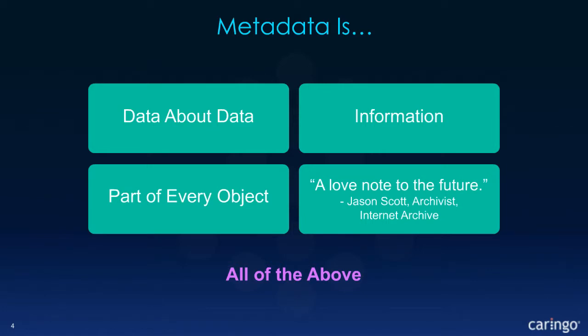That approach, of course, is a Caringo approach, and I think it's generally a best practice. We'll get more to that point a little bit later in the discussion of metadata.